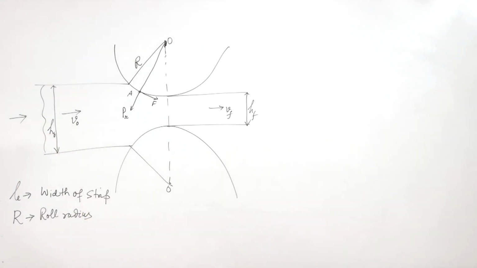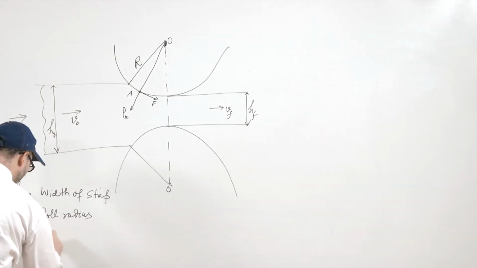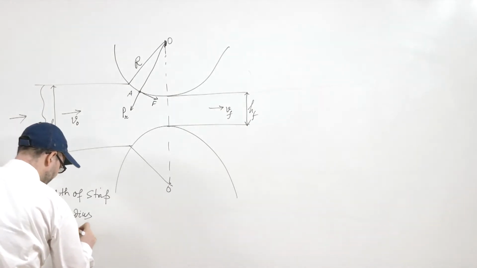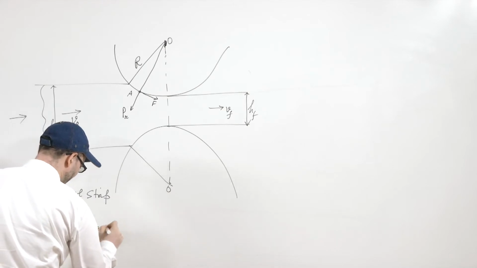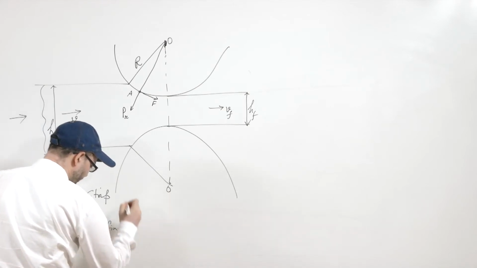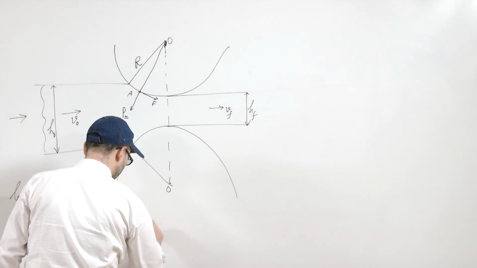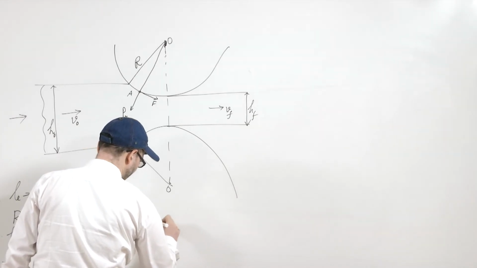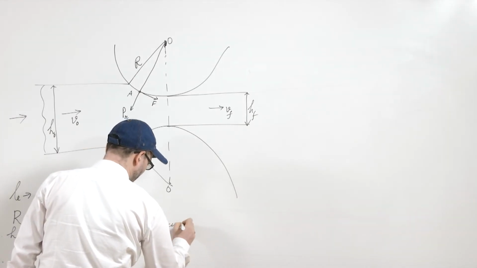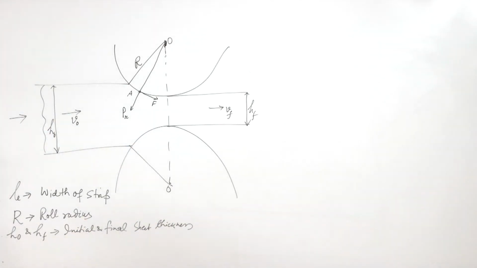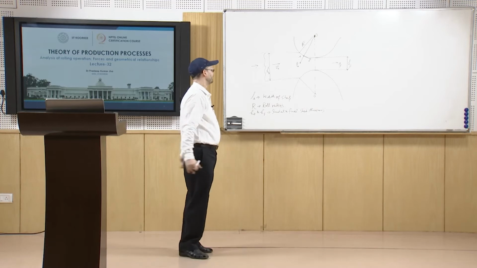If you look at h naught and h f, the initial and final sheet thickness, or height, you can say, initial or final means before rolling and after rolling. So, that is your h naught and h f.